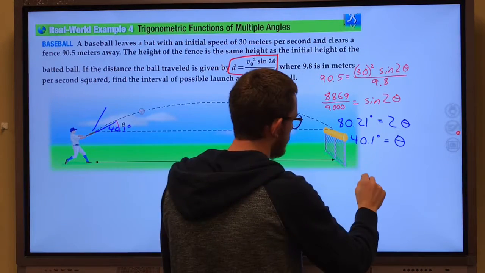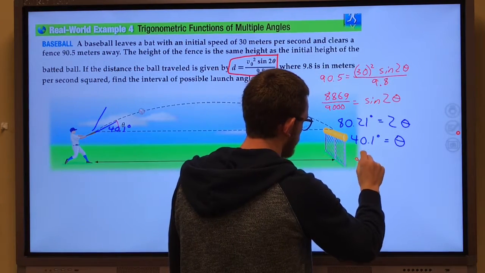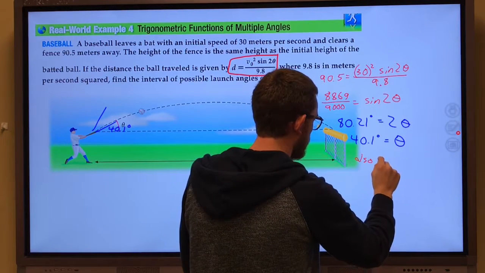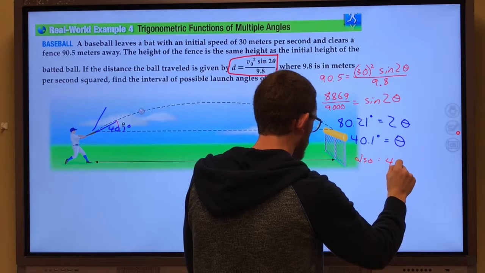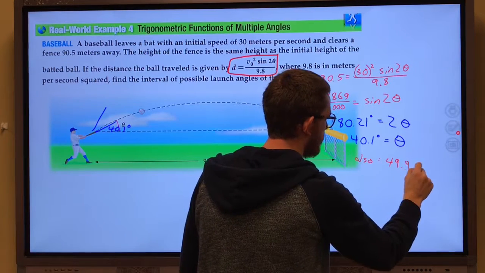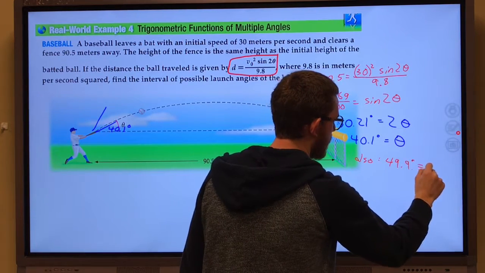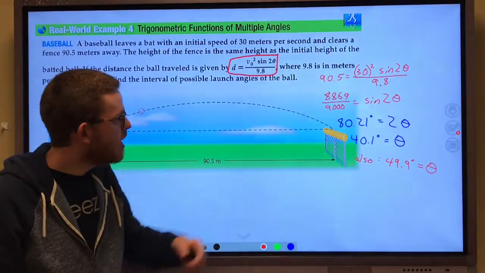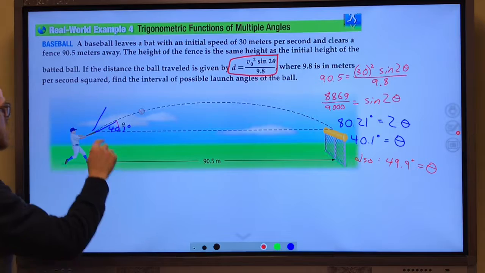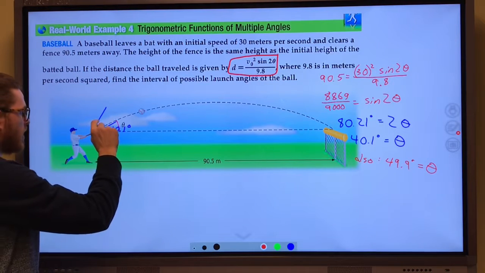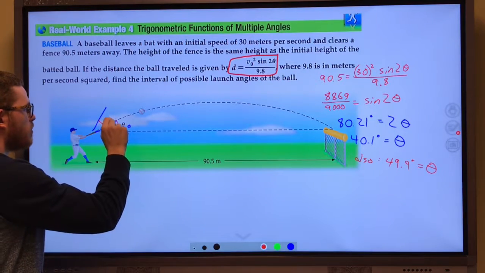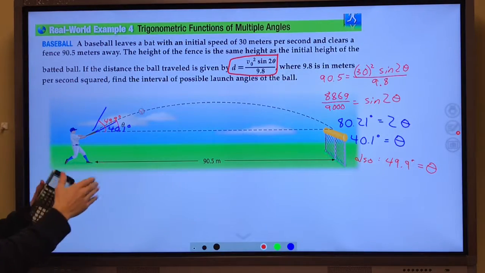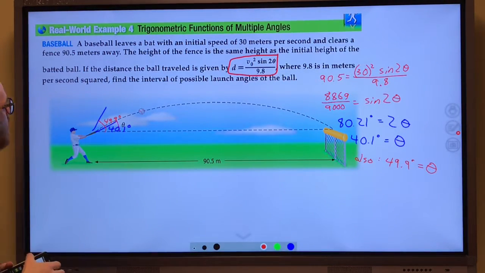And that is 49.9. This will give us also the same output. So the largest angle we could have would be 49.9 degrees. It's got to have that sweet spot between 40.1 degrees and 49.9.